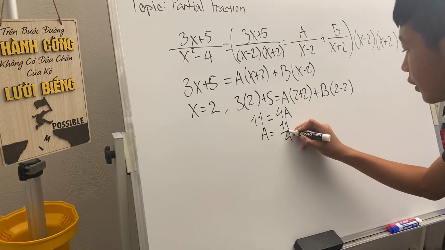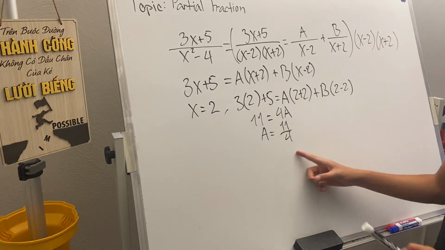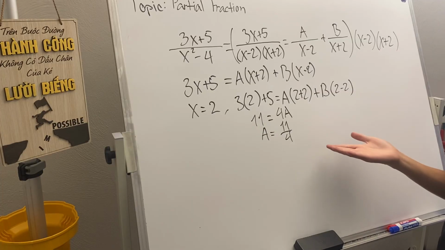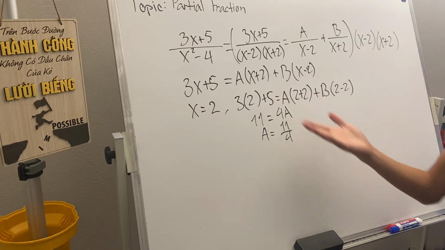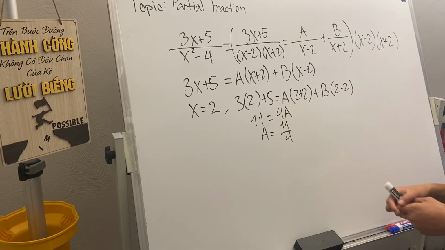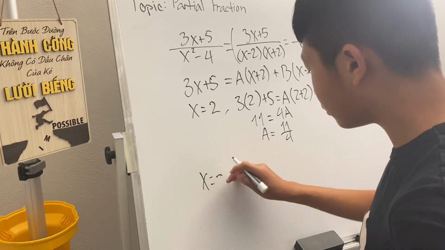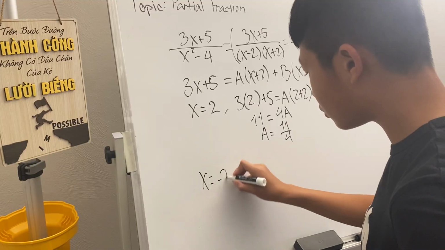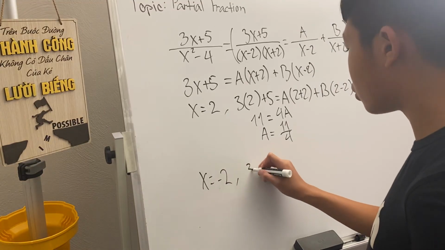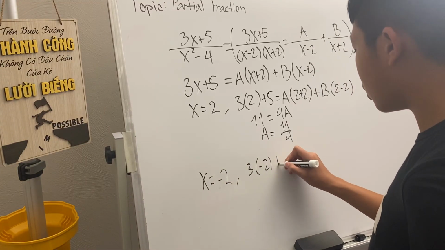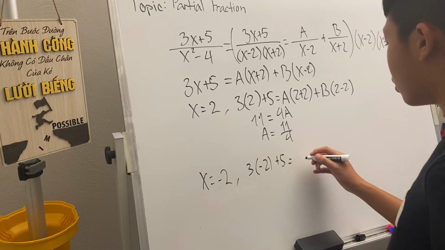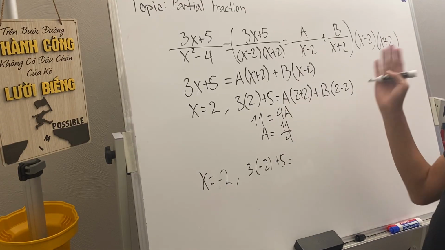Now, you know what A is, you can plug in here, right? Technically, yes. But if you plug in minus 2 for x, you just get 0, right? So let's plug in x equals minus 2. So this goes to 3 times minus 2 plus 5 equals A times nothing.